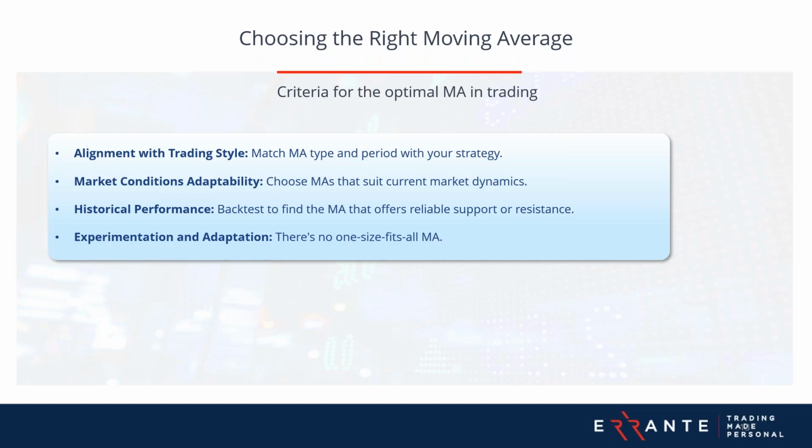This reliability is observed through an MA's ability to consistently serve as robust support in uptrends without prices closing below it, and as a strong resistance in downtrends where it prevents candle closes above. This characteristic is fundamental in identifying an MA's effectiveness for trading.